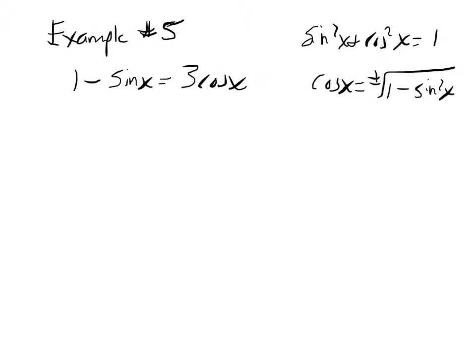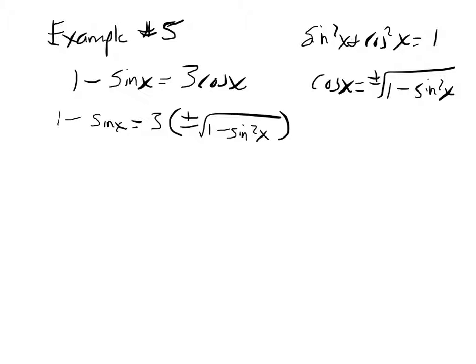We're going to use our Pythagorean identity, sine squared plus cosine squared equals 1, and we're going to solve for either sine or cosine, getting a radical expression involved. So I'm going to do this here for cosine. I could do it with sine, but I'm going to do it with cosine. So if I rewrite here now, I get 1 minus sine x equals 3 times plus or minus the square root of 1 minus sine squared x.